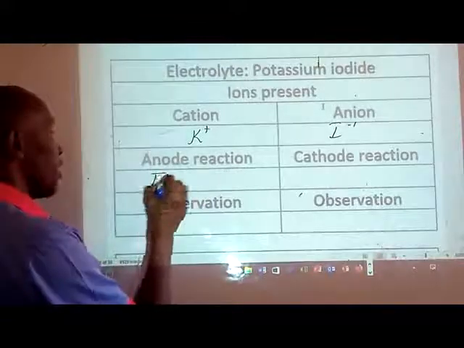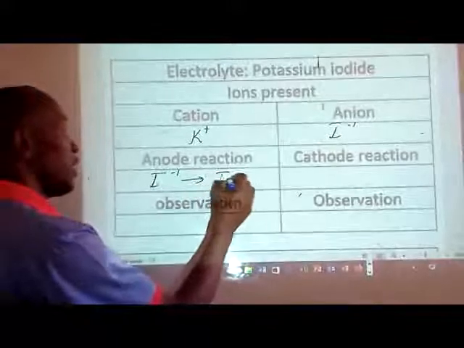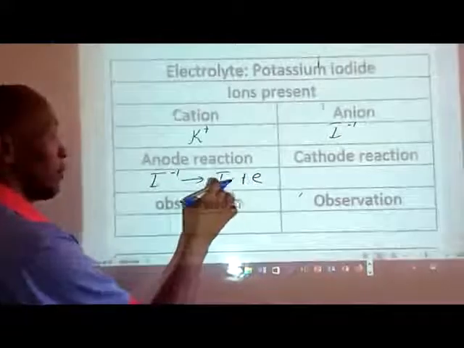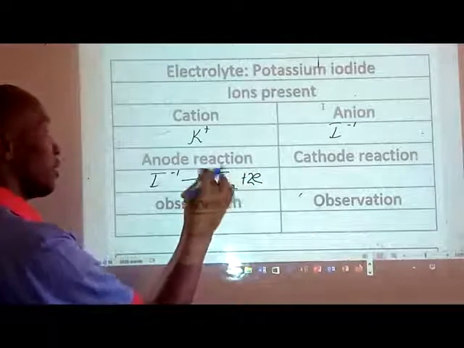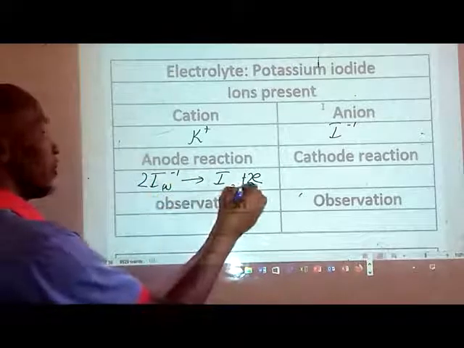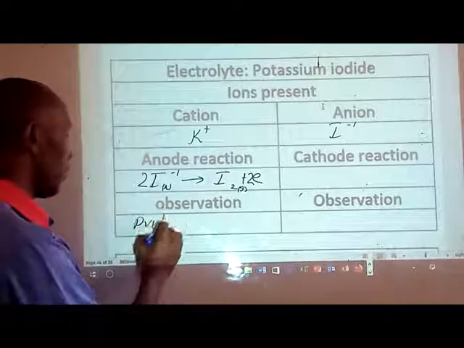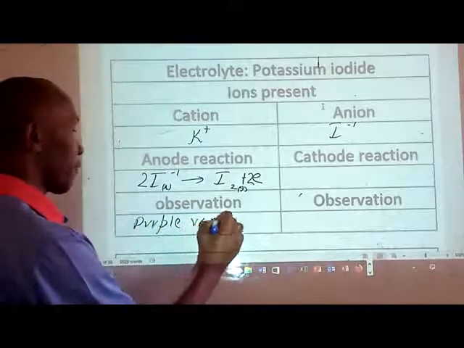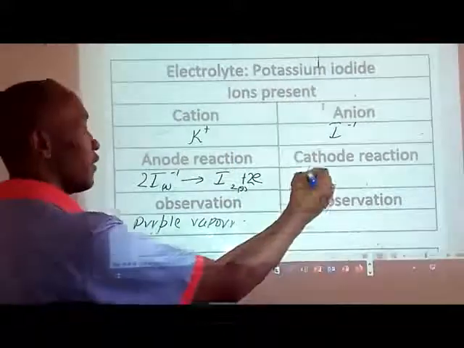So it's the iodide ions that move there, lose an electron to form an iodine atom. This one does not exist on its own, so it's a halogen, it exists in form of molecules. This one is liquid, but this is gas. It sublimes on heating, so you get purple vapor. Cathode: potassium moves there.